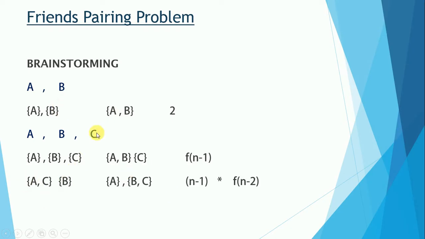You can see I have paired up C with A. So I am getting this particular way, and this is also satisfying my problem statement. Now if I pair up C and B, I am going to get this way. So this also satisfies my problem statement. Now this particular component I can denote using (n-1) multiplied by Fn-2.